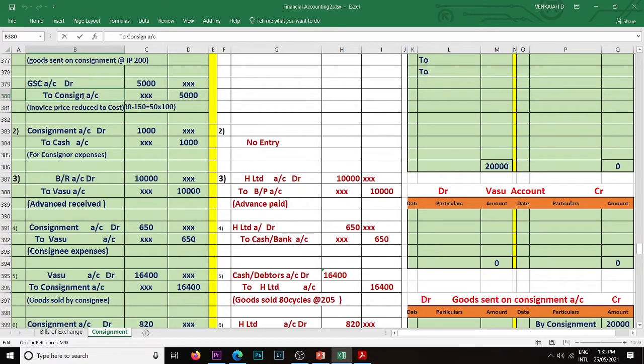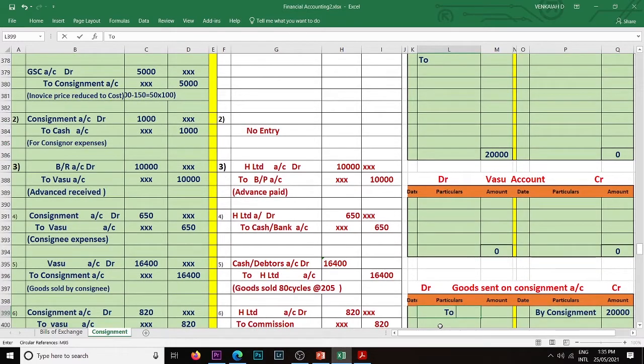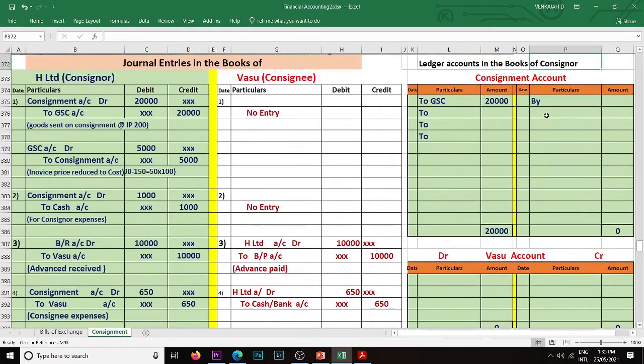So first we go to the GSC account to consignment. Amount is 5,000. In the consignment account, credit side by GSC. Only this change, that's all. The remaining everything is the same as earlier problems.